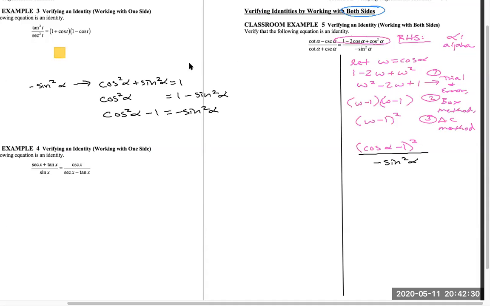So what I find is that negative sine squared alpha is now equal to cosine squared alpha minus 1.